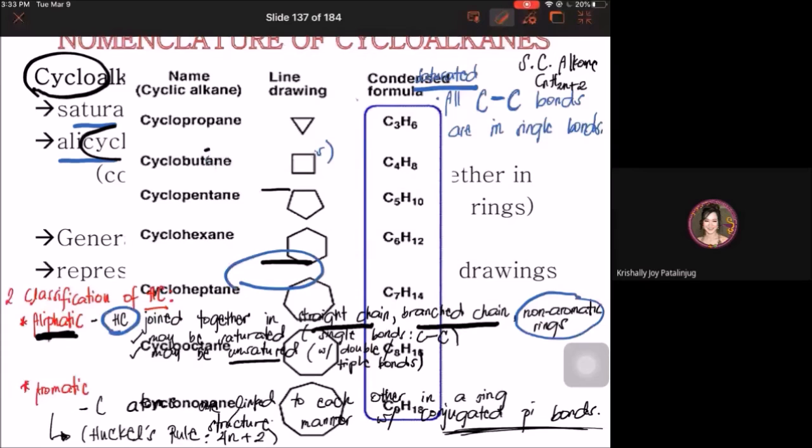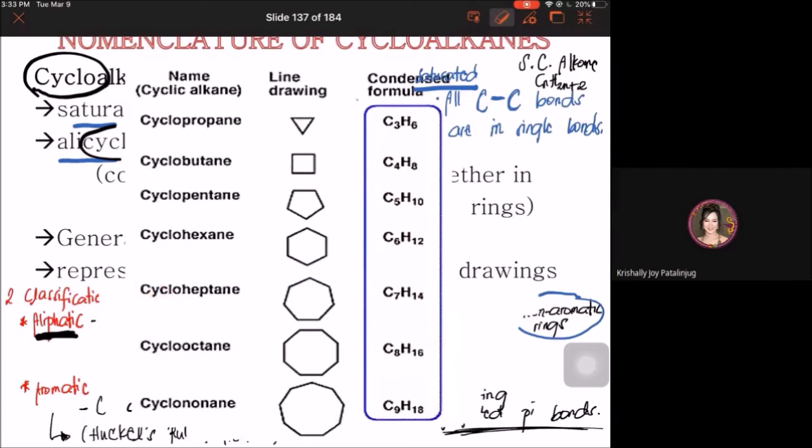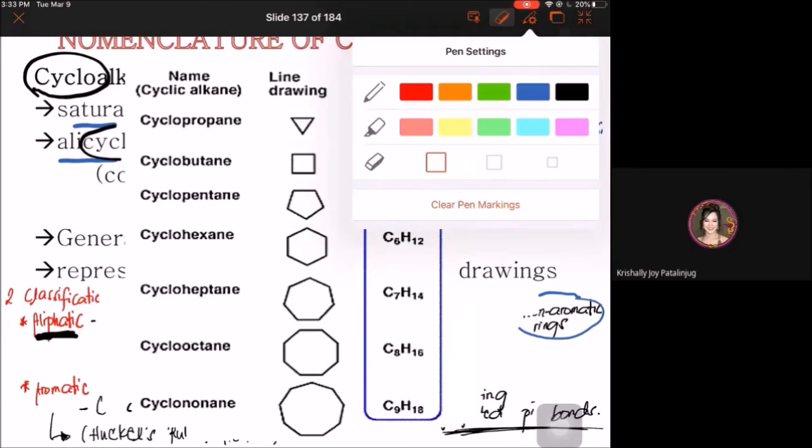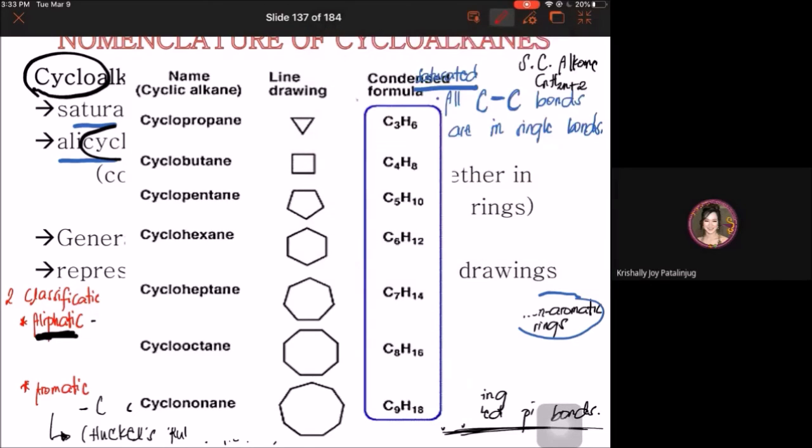Okay. So these are the simplest cycloalkanes. Kapag 3 carbon, from the formula CnH2n, diba? Ito yung general formula.